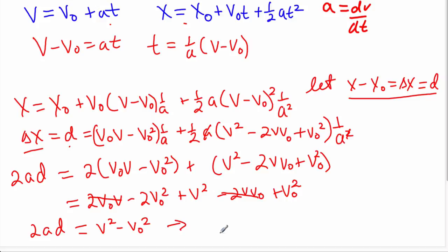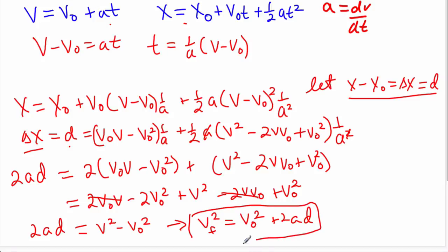The more familiar format is to move the v naught squared to the other side, so that v squared equals v naught squared plus 2ad, and very often it is written with a little subscript f for final: vf squared equals v naught squared plus 2ad.